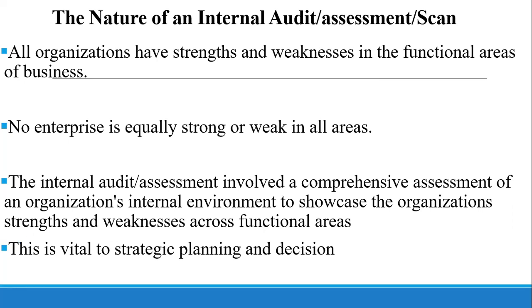So if you pick two or more organizations, whether they are in the same line of business or their core business is different, you will realize that even two similar banks or two similar universities may not have commonalities as far as their strengths and weaknesses are concerned. And this is usually due to the way they have structured their functional areas of business.